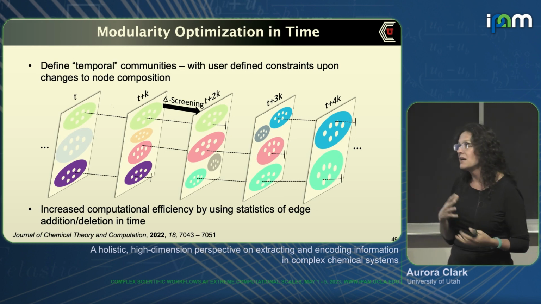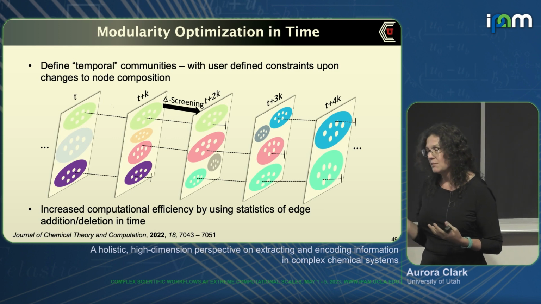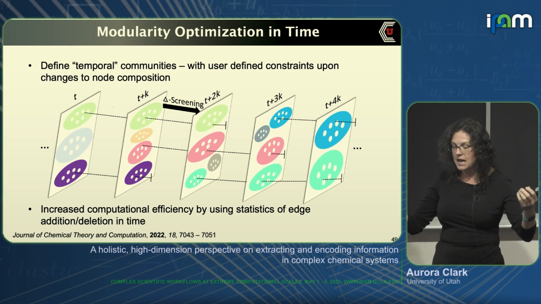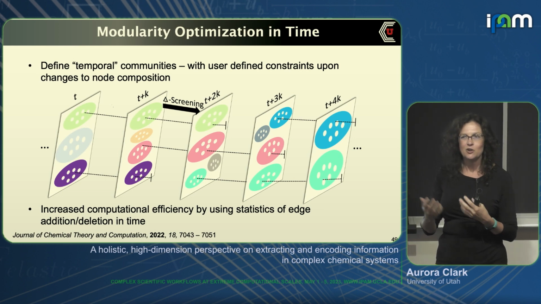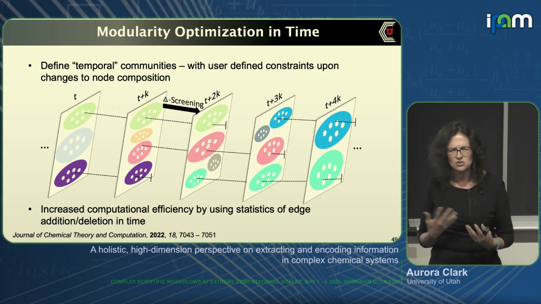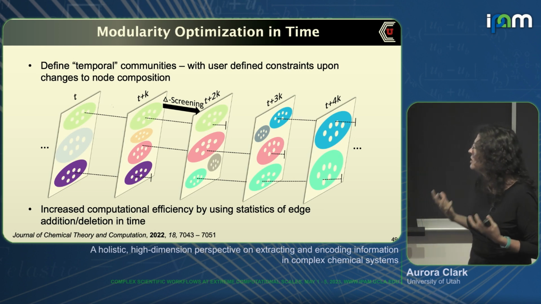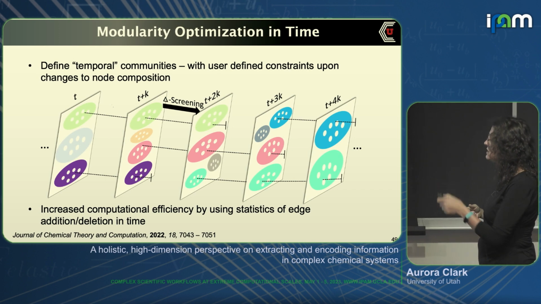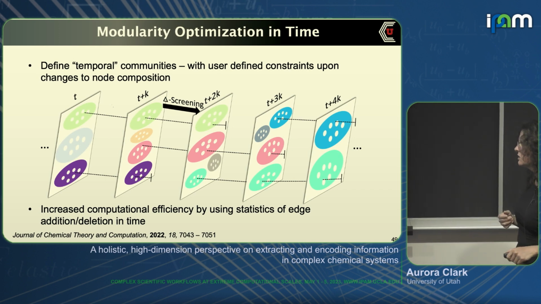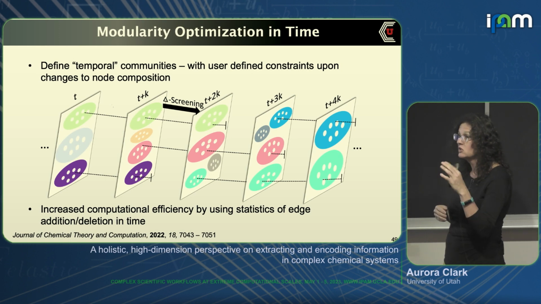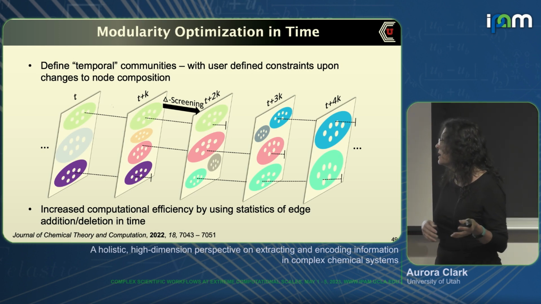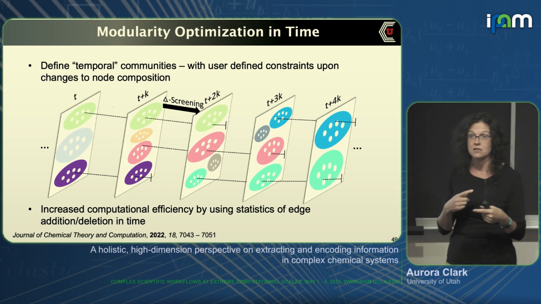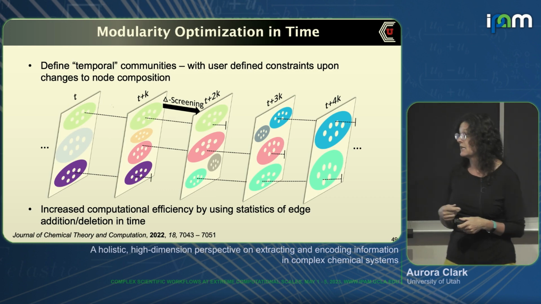If we're talking about microemulsions, my micelle might have surfactants that are exchanging between them, and at some point you've changed your node composition so much that it's really no longer the same chemical entity. This approach has quite good computational efficiency because it looks at the statistics of the edge deletions and additions in time and uses that as a basis for whether or not it's going to do a new modularity optimization.